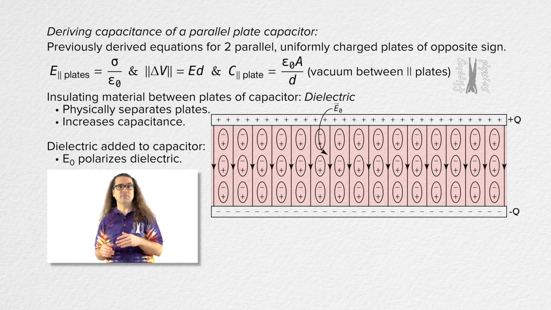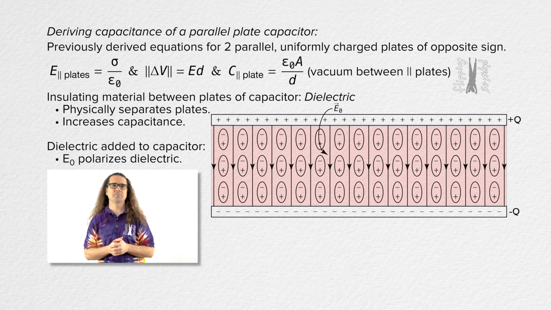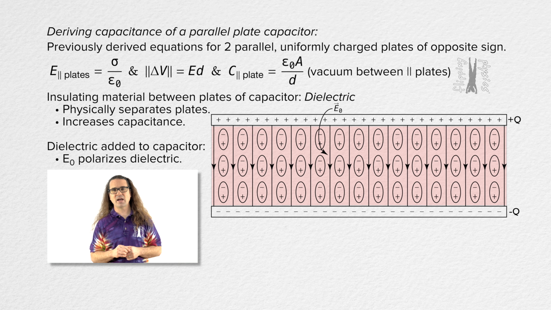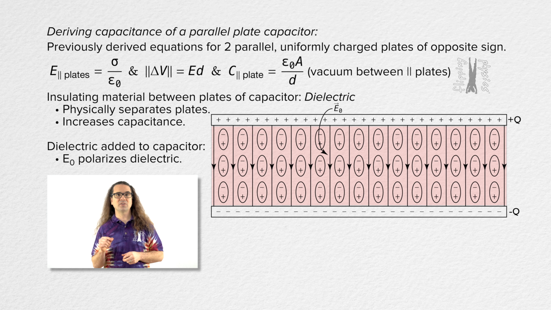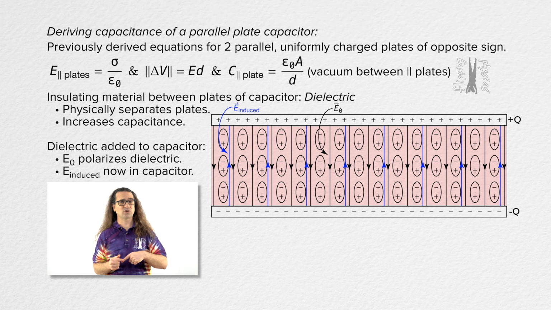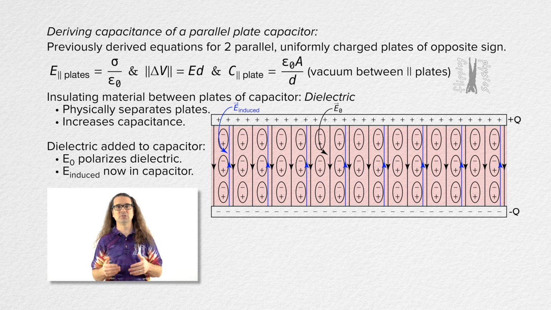The positive sides of the molecules in the dielectric material are attracted to the negative plate of the capacitor, and the negative sides of the molecules in the dielectric material are attracted to the positive plate of the capacitor. This polarizes the dielectric, and the polarized molecules in the dielectric induce an electric field opposite the direction of the original electric field E naught. The induced electric field caused by the dielectric is in blue.